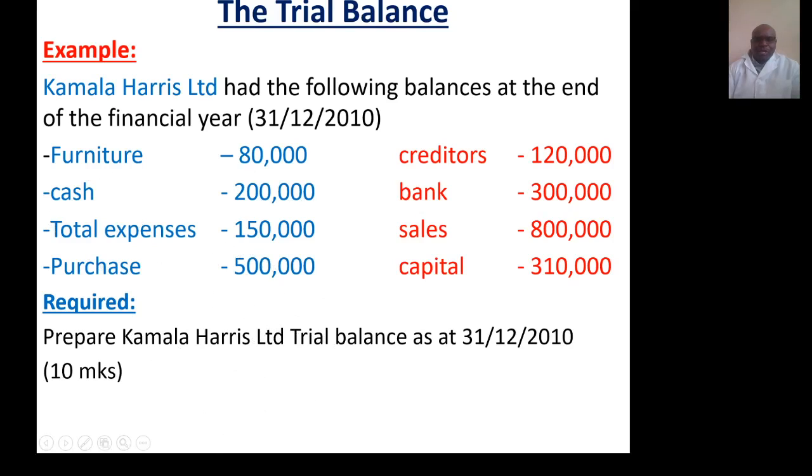Purchase, 500,000. Creditors, 120,000. Bank, 300,000, sales 800,000, and capital 310,000. Required: Prepare Kamala Harris Limited trial balance as at 31st December 2010.